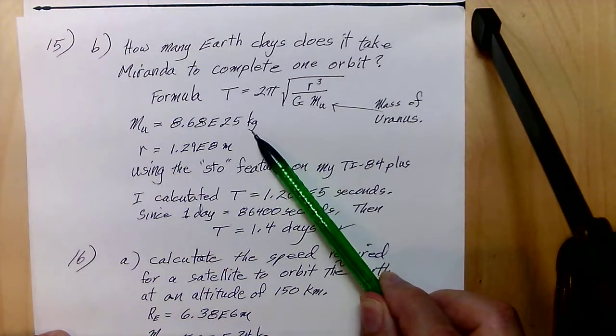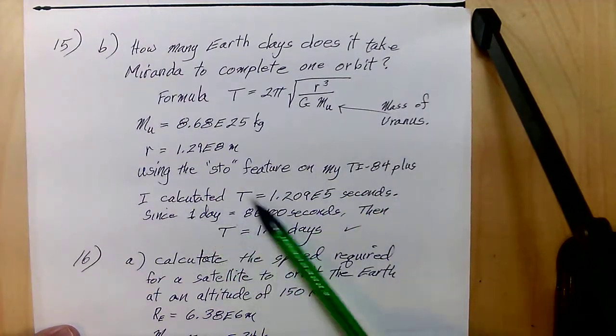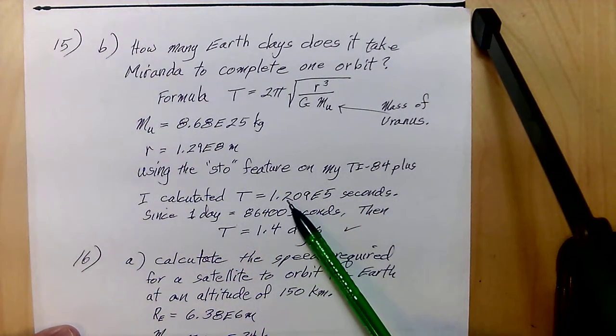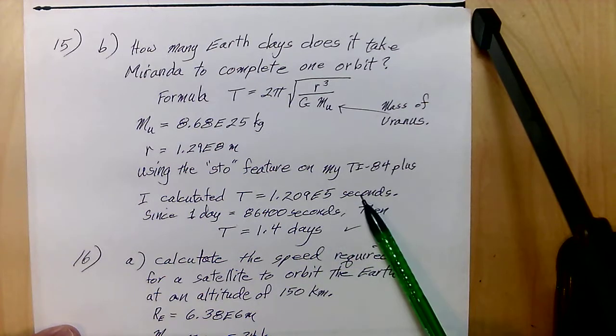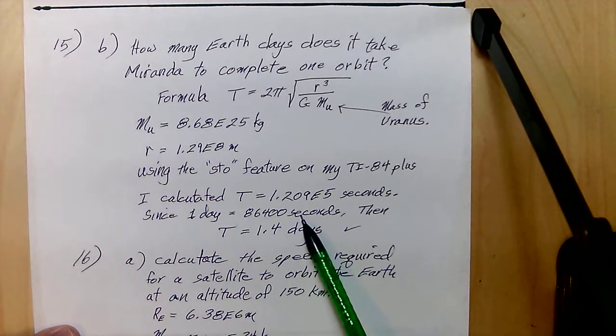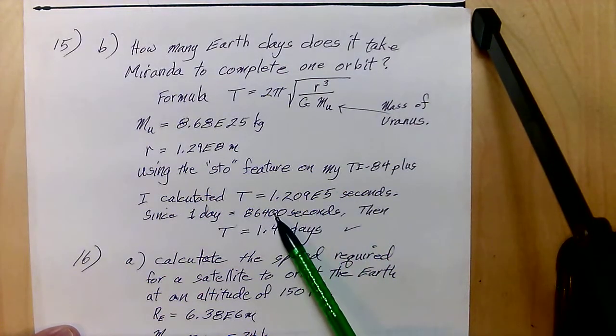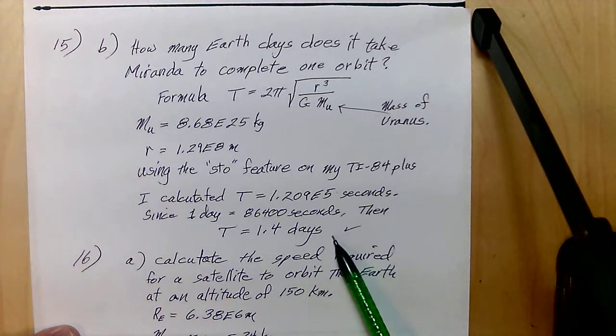Use the store facility on your calculator, and I got T is equal to 1.209 E5 seconds. Now since there's 86,400 seconds in a day, you divide T by 86,400 and this becomes days. So I get 1.4 days.